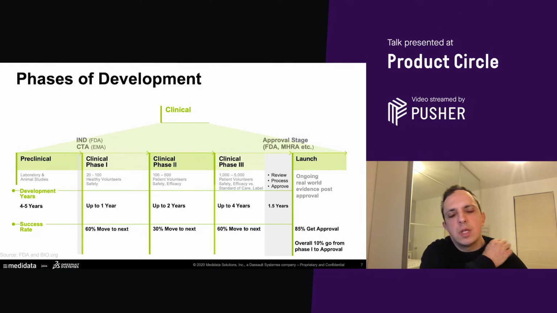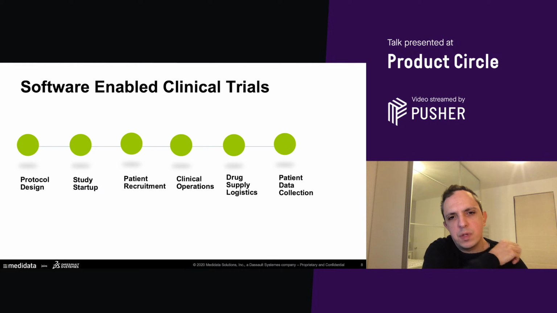In terms of the software itself, it's an easy way to break it down, because there's a ton of tools out there. So an easy way to break it down is by the stage of the trial where the software tools are being used. So at the beginning, you've got your protocol design. The protocol is essentially the guideline of any clinical trial.